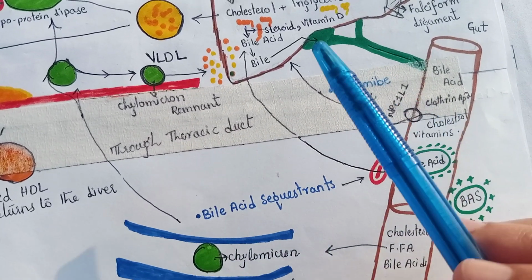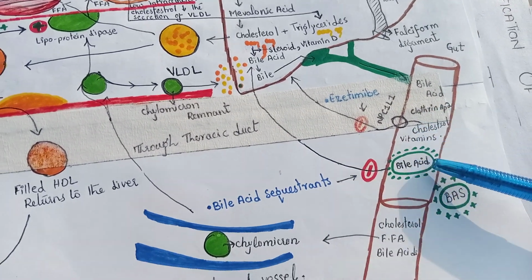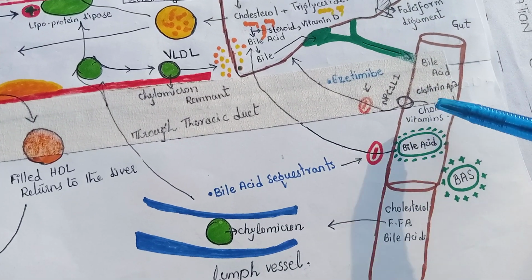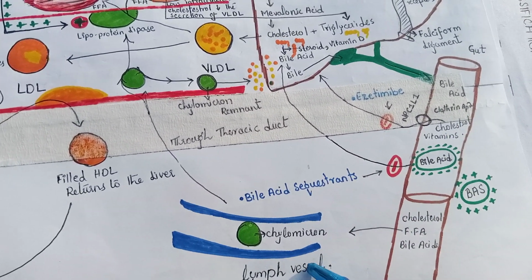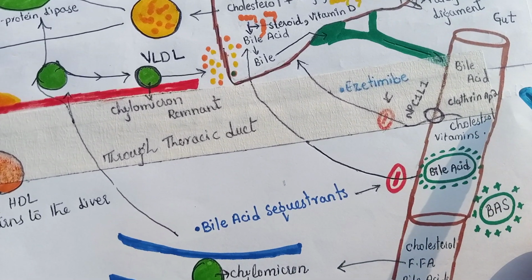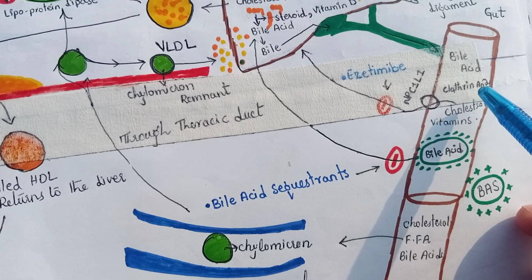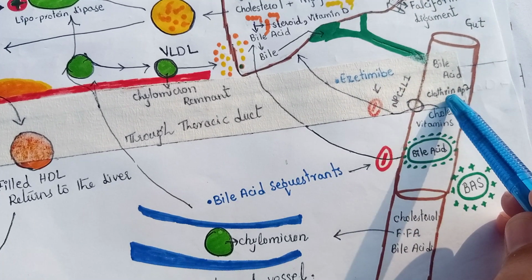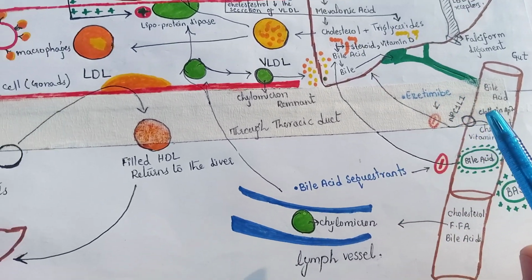So if cholesterol is not absorbed into the liver, it will be excreted in the gut, and thus it will lead to the decrease in the synthesis of cholesterol, right? And clathrin AP2, it helps in the absorption of cholesterol into the liver.